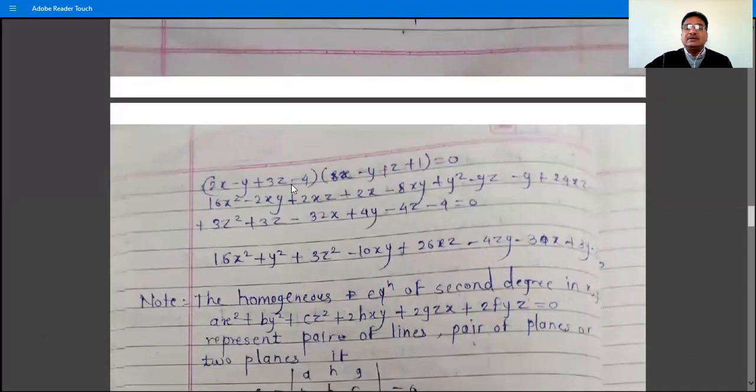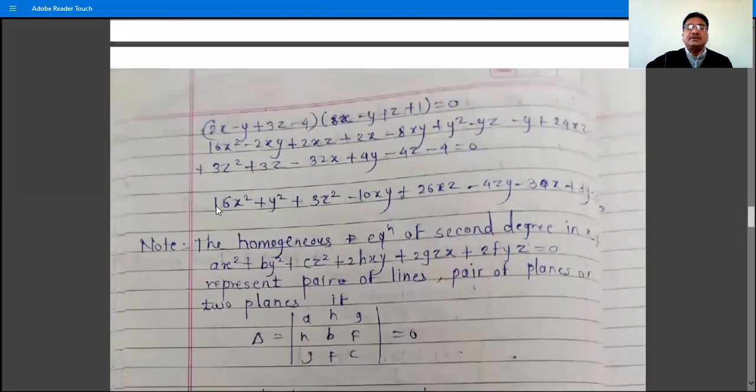So if we simplify this, what do we have? The first bracket contains 4 terms and the second bracket contains 4 terms, so their multiplication contains 16 terms. What are they? 2x into 8x is 16x square, 2x into minus y is minus 2xy, 2x into z is 2xz, 2x into 1 is 2x, then minus y into 8x is minus 8xy, minus y into minus y is plus y square, and like that the remaining terms.